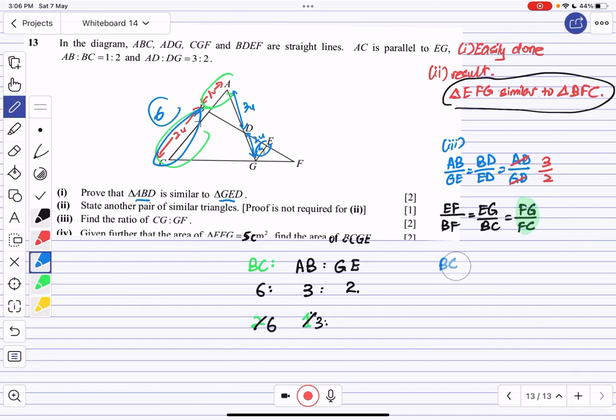I can tell myself that BC over GE is the same as 6/2. So this over here is the same as 2/6.